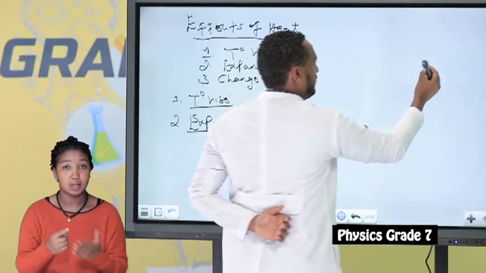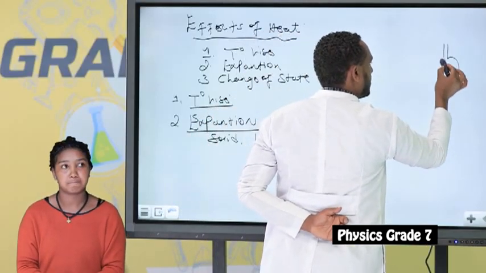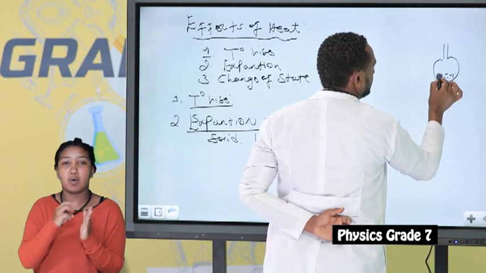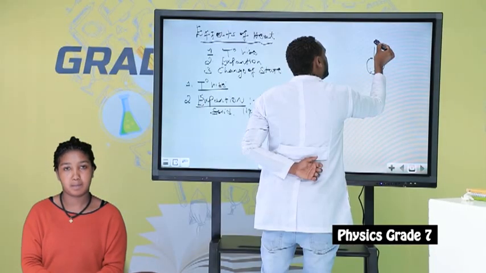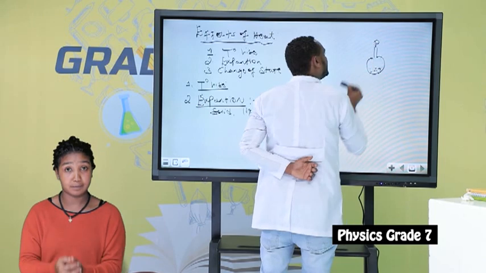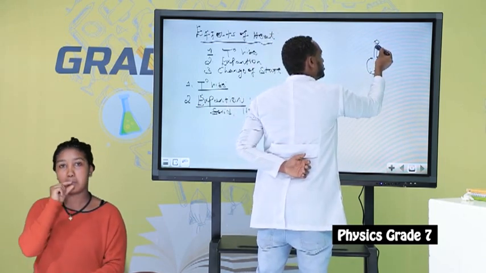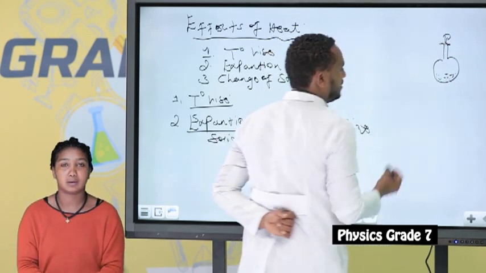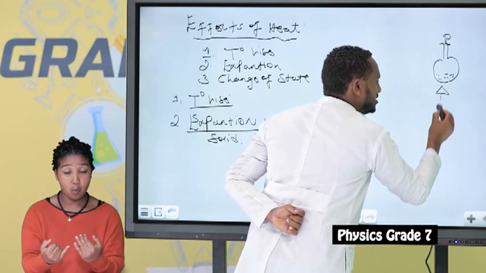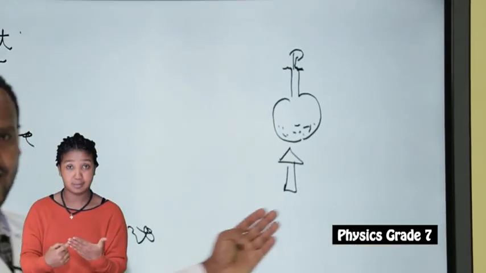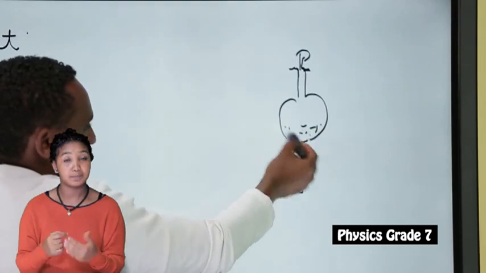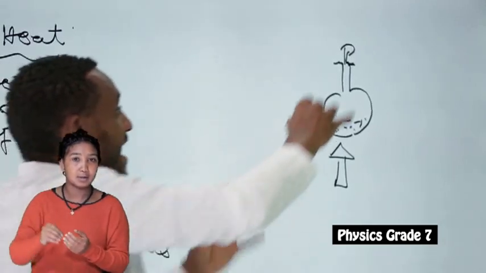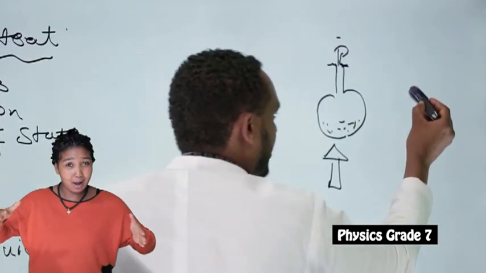Here we have a flask. There is some water in the flask. Here we have a balloon, and this flask is closed. Now, when we apply heat here, this water changes into vapor, and the vapor expands the balloon like this.